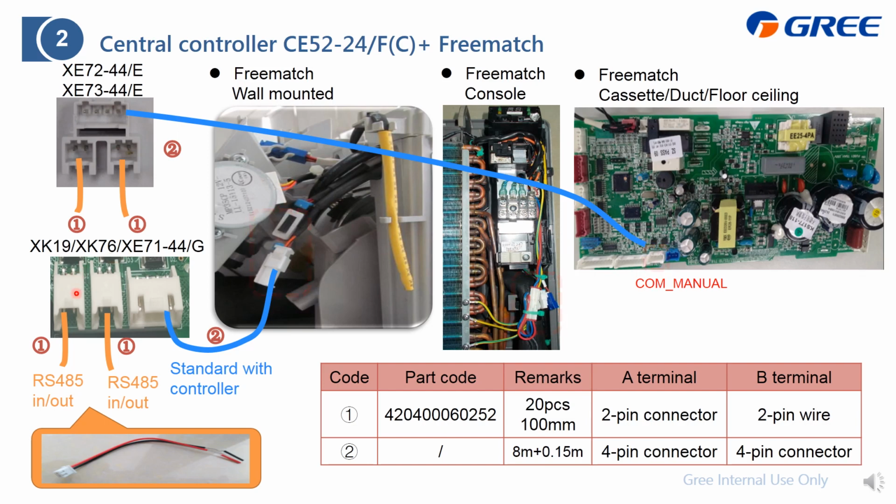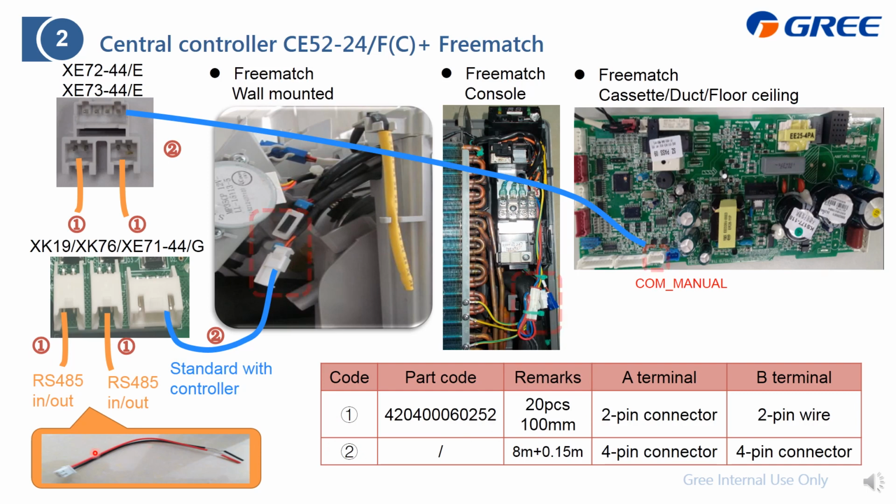And also this socket is special, which means it's not that easy to find the pins on your local market. Here I just offer you this wire for your reference. You can purchase from our grid, and here is the part code, this number 1 wire.